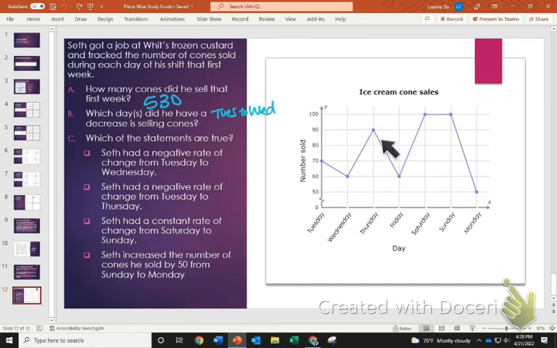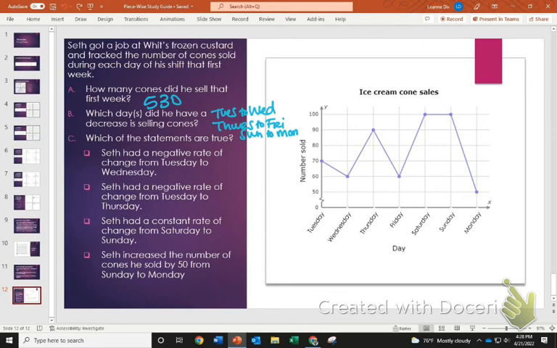He also decreased from Thursday to Friday. So I'll say Thursday to Friday. And then finally, the last day he actually decreased was from Sunday to Monday. So we actually have a couple of answers here, but when you write it, I need you to write it like an interval from this date to this date, or depending on the type of problem you have on the test, like from this time to that time, okay?